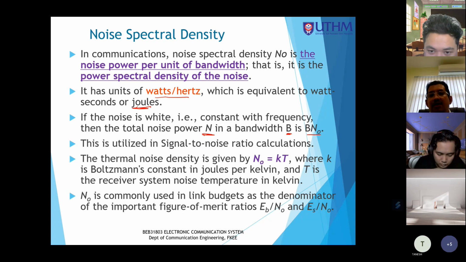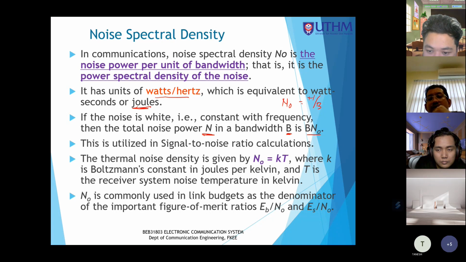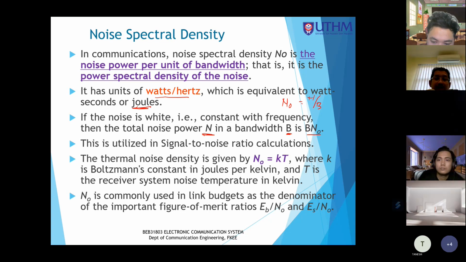Okay, because N0 is equal to N over bandwidth. Okay, so if you want to know the noise power, we need to multiply the noise power spectral density with the bandwidth. Okay, so this is utilized in the signal to noise ratio calculation later.